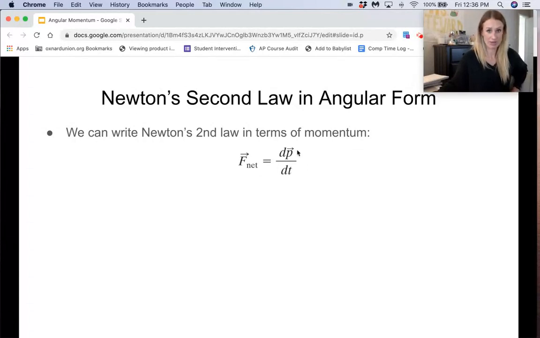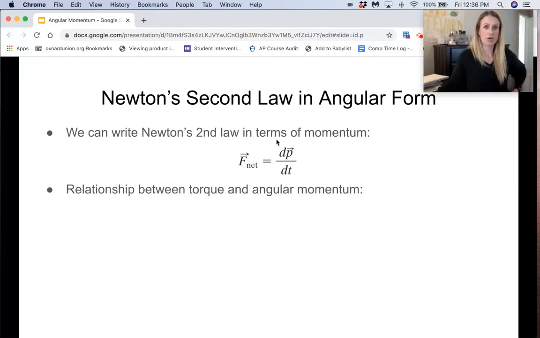So that would be mass times acceleration, which is why this equation works. So the relationship that we can then see between torque and angular momentum would be this right here. So we get torque is equal to the change in angular momentum over time, or dL over dt. Again, this right here is this linear force, but in angular form. Okay, so this is our equation that we get for the net torque.